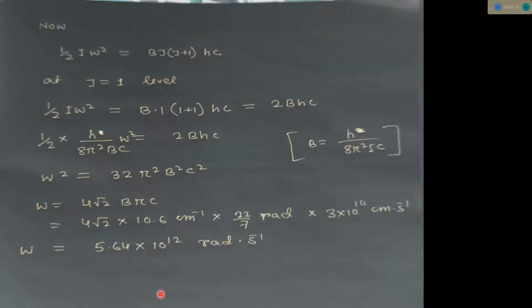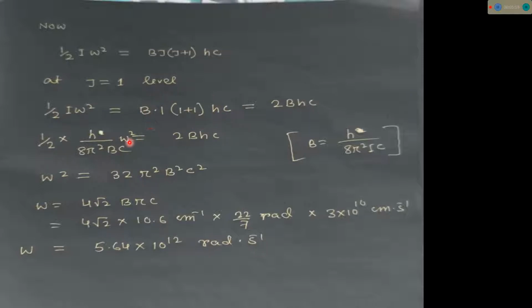Now let's compare the classical and quantum mechanical energy expressions at J equal to 1 level. If we put J equal to 1, it becomes 2Bhc. So we compare half I omega square, the classical energy, with the quantum mechanical energy.